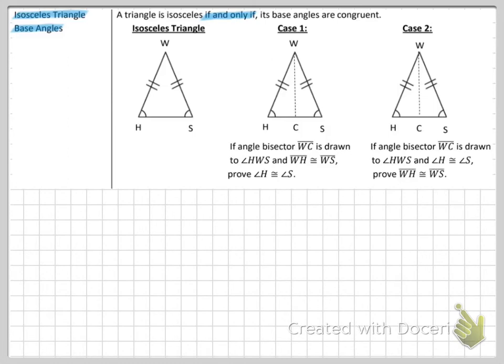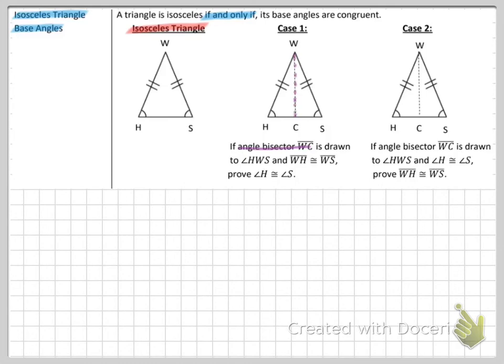So here we have our basic picture, in red, of an isosceles triangle. We've got the 2 legs matching, 2 base angles are matching. Okay, but now we've got case 1. And this starts introducing angle bisectors. So if we have an angle bisector WC drawn, what that means is that we're going to take this line segment that's been put into the picture.